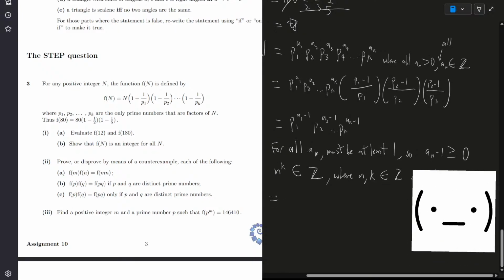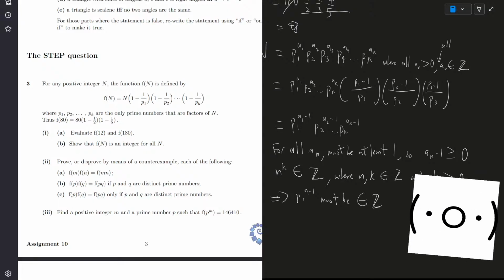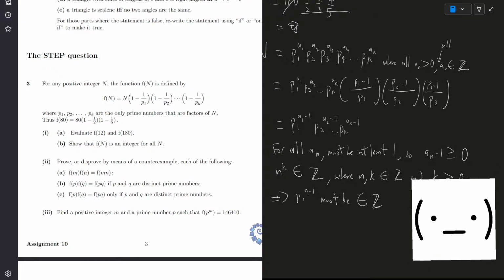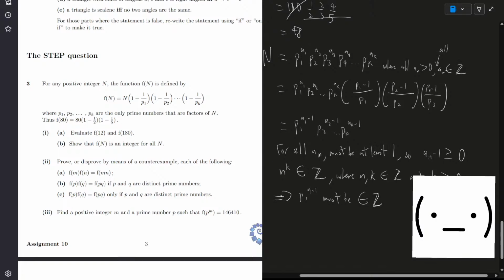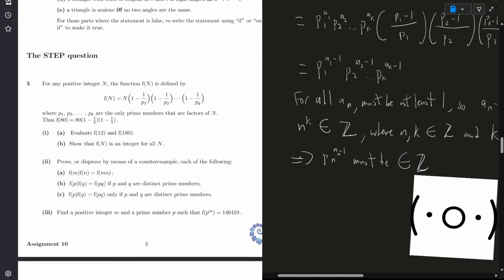So therefore, this p1 must be an integer. All of them must be integers.